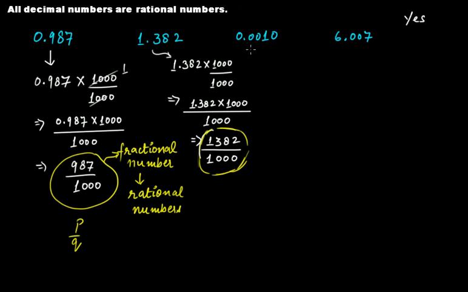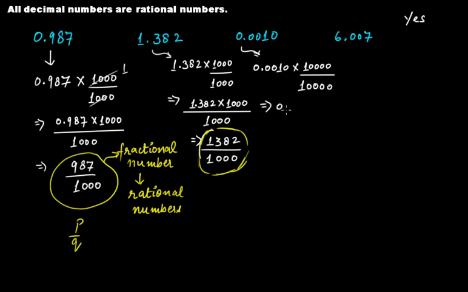Same thing for this one. So how many digits do we have after the decimal? We have 4. So multiply by 1 with as many zeros as the number of digits after the decimal, that is 1, 2, 3 and 4.